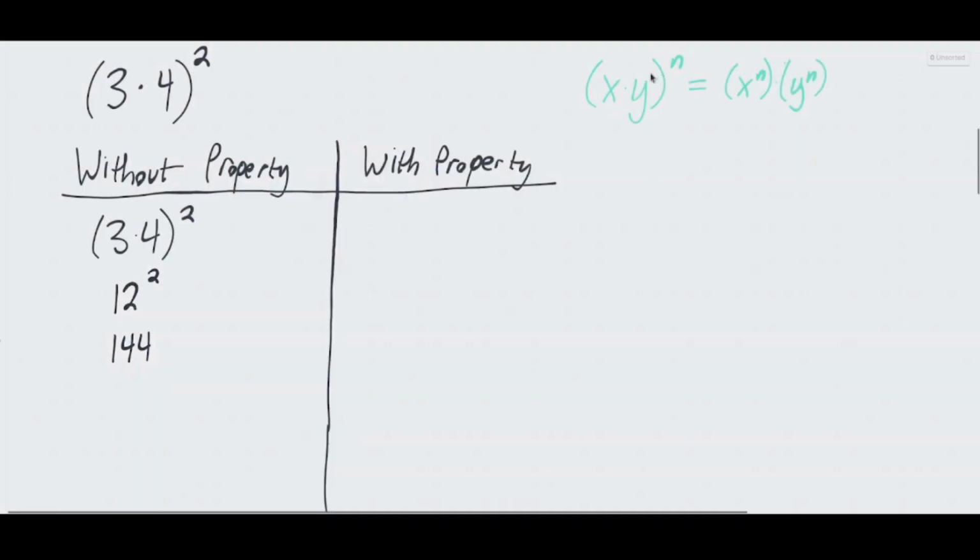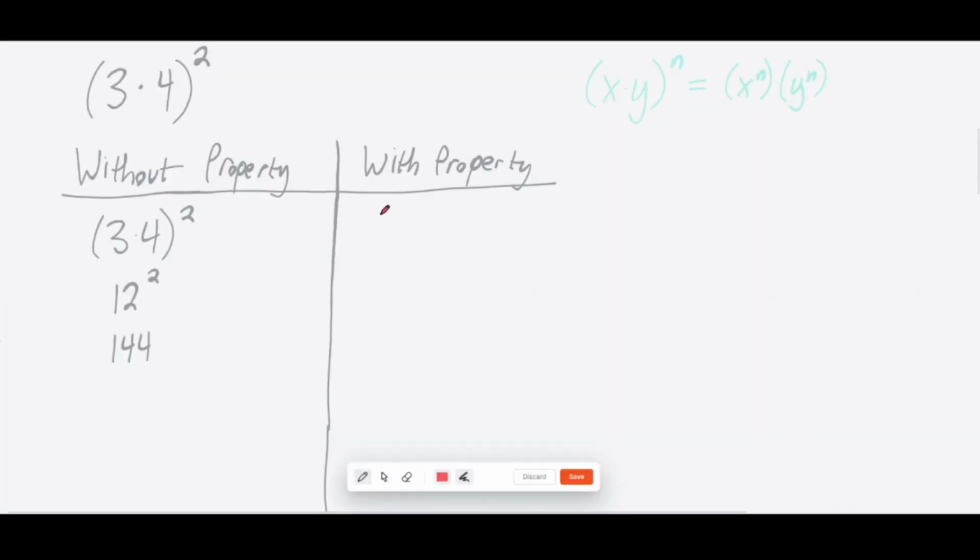The second way, using the property over here, would be to apply the power n to x and y. So in this case, we can specify that x would be equal to 3, y would be equal to 4, and then n would be equal to 2.